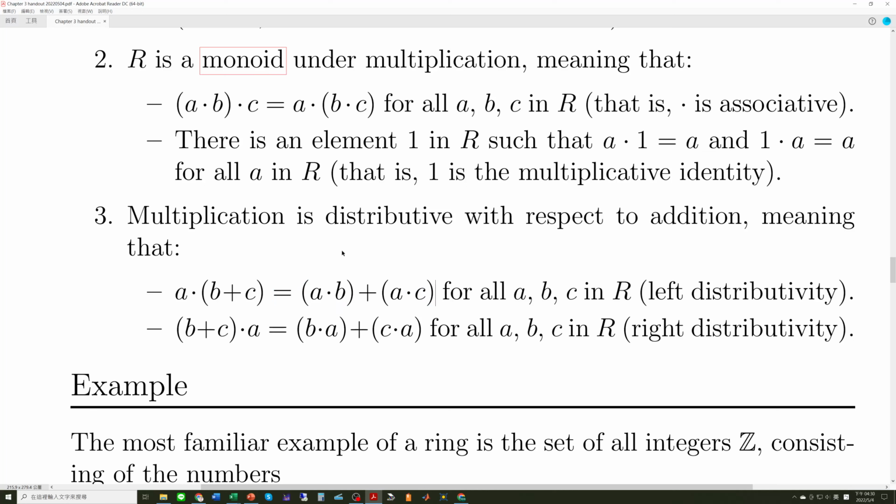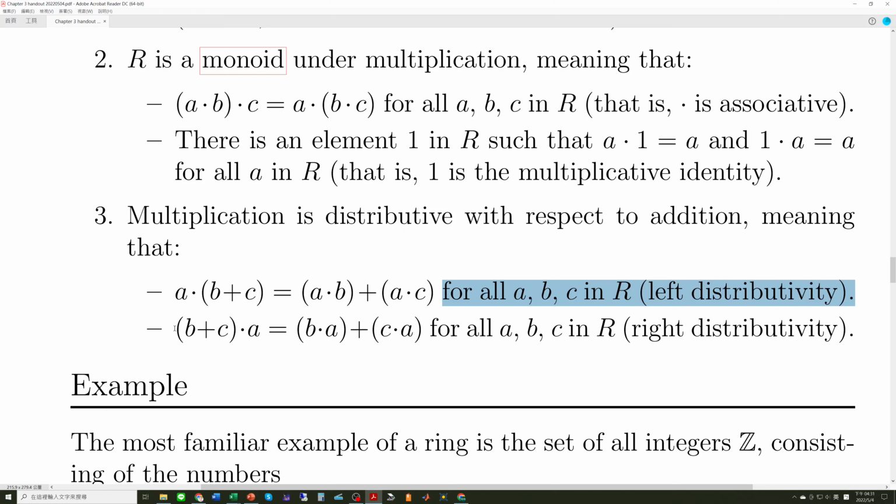Please note that we did not say that the priority of the dot is higher than the priority of plus, so we need to add parentheses on A dot B and A dot C, for all A, B, C in R. This is the left distributivity.